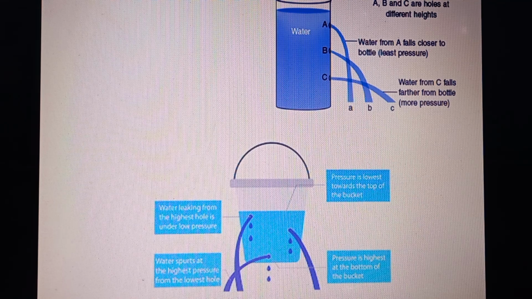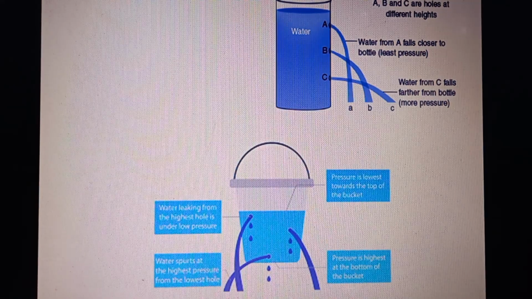Then in hole B, water falls closer to the bottle with less pressure than at A, turning out to be a moderate flow with a little bit faster pressure. So it's moderate pressure. And letter C, water from C falls farther from the bottle, more pressure.